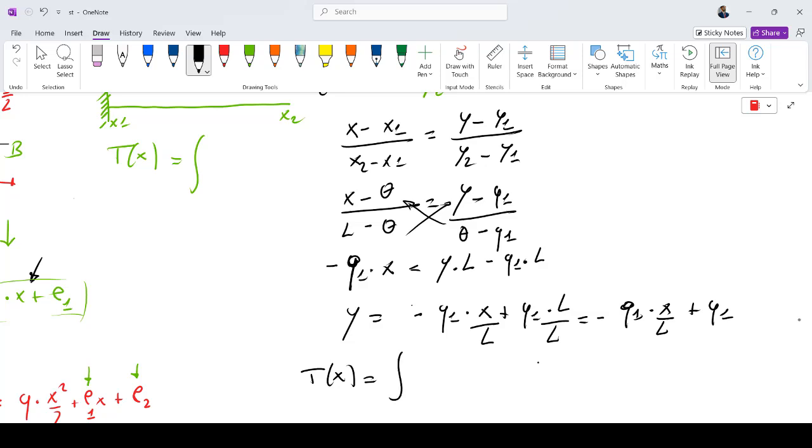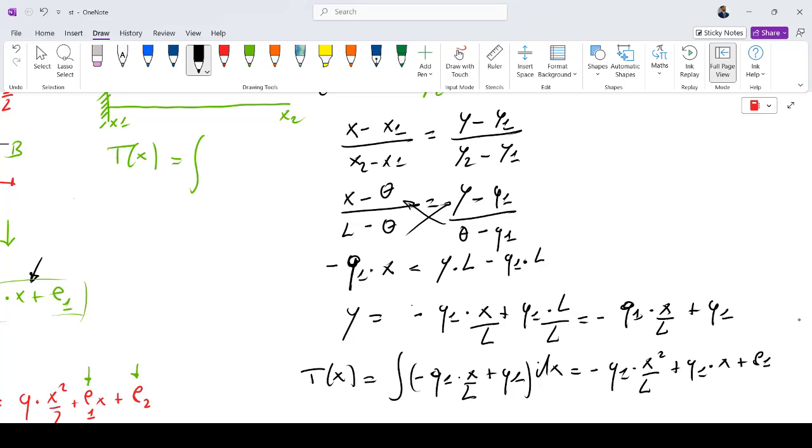So T of x, the shear force distribution, is equal to the integral of this equation, minus q1 times x over L plus q1, dx. So this is equal to minus q1 times x squared divided by L, plus q1 times x, plus c1.